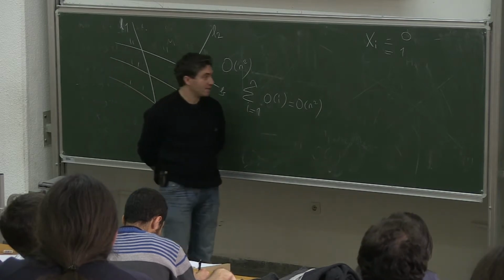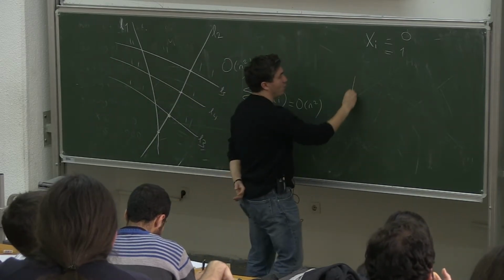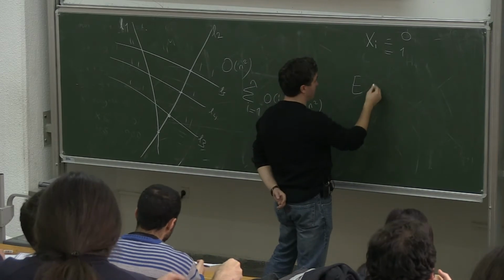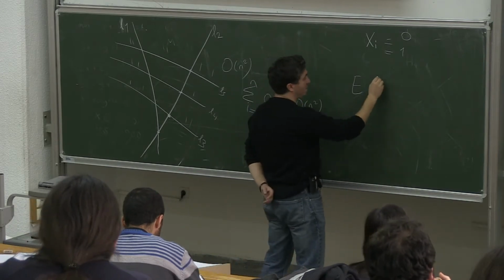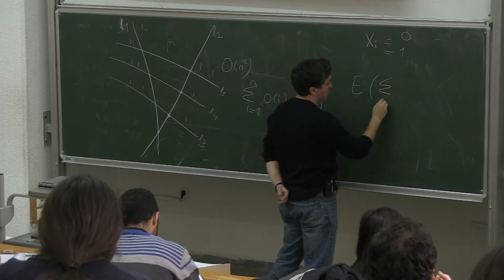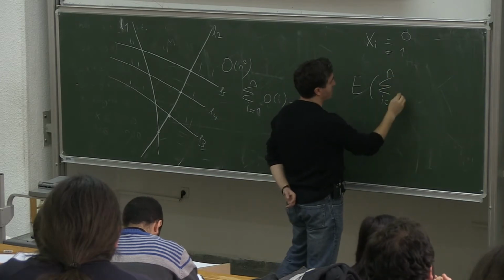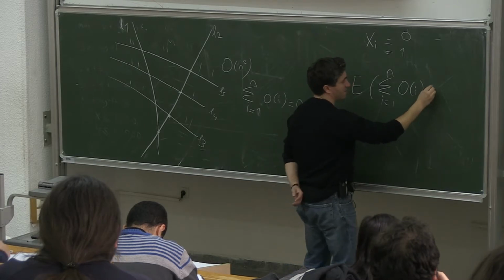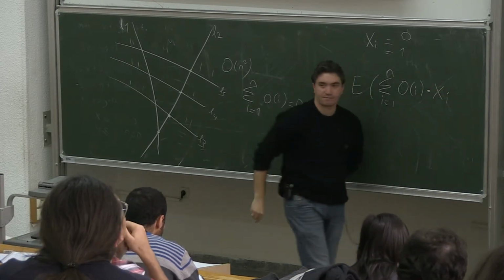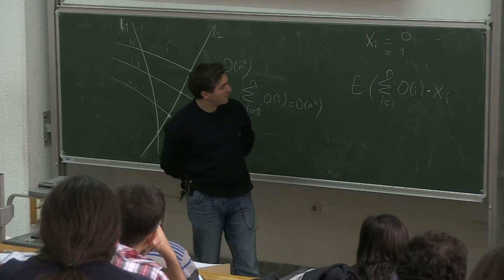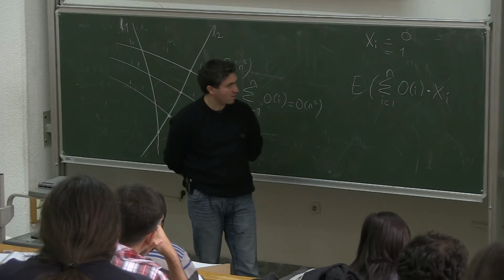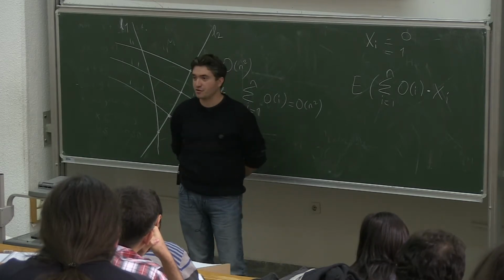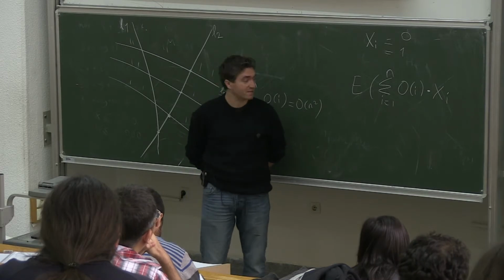So our expected complexity is going to be the expected value of this summation, i equal to 1 to n, O(i) times xi. I treat O(1) as 0, as it adds nothing to our complexity.